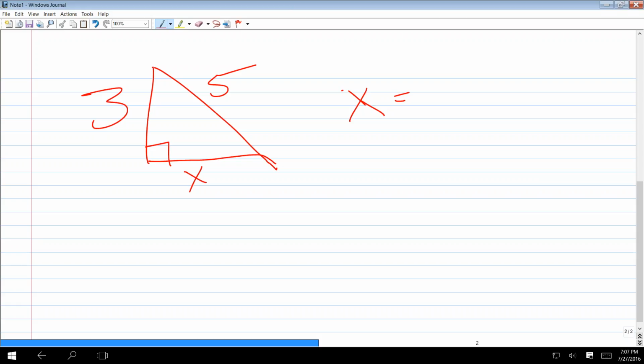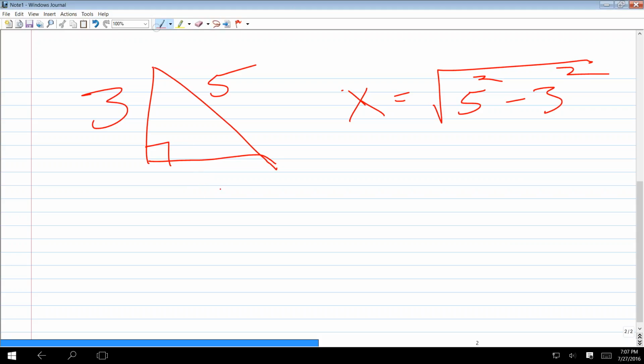I want you to remember it as x equals, and it's always the square root of 5 squared minus 3 squared. So 25 minus 9, that's 16, and then x would equal 4.